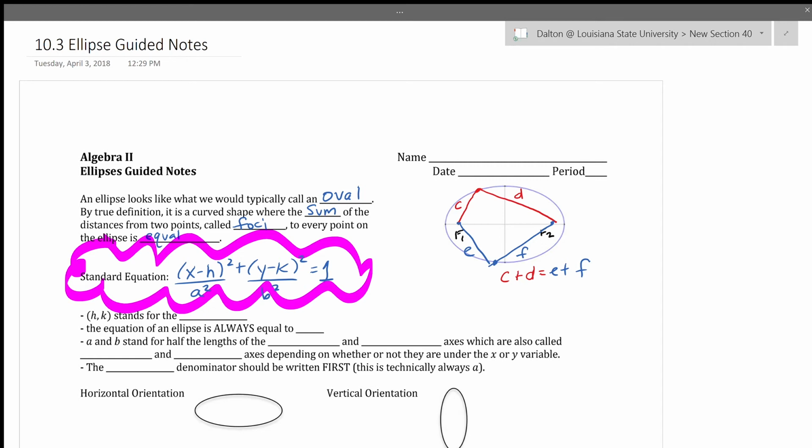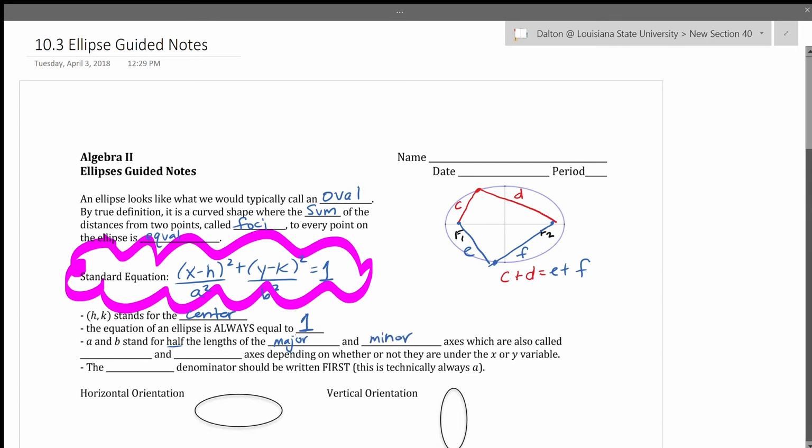Okay, similarly to a circle, h, k stands for the center point. The equation of an ellipse is always equal to 1, as I just said. And then the other key elements are a and b. a and b stand for half the lengths of the major and minor axes.